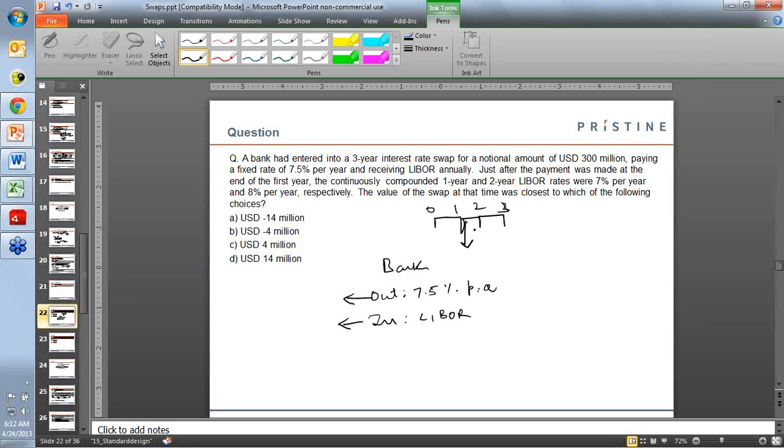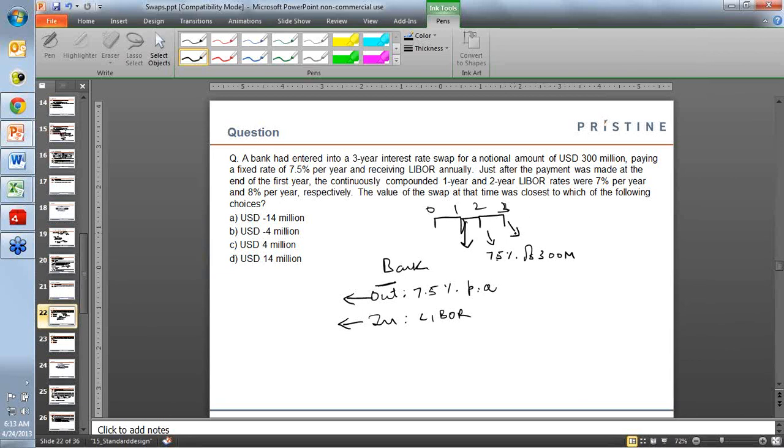First, considering the outflow of payments, the bank will make a payment of 7.5% of the notional amount, that is, of $300 million, at the end of 2 years, and another payment of the same amount at the end of 3 years.